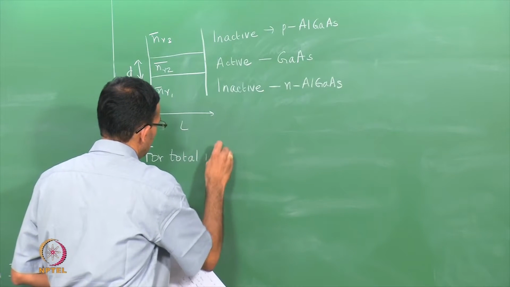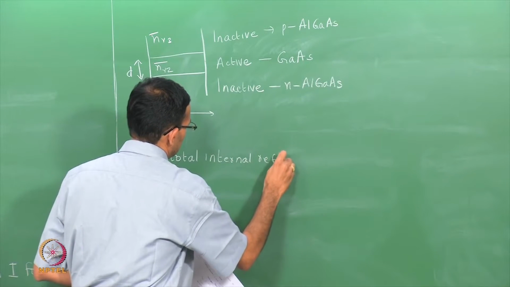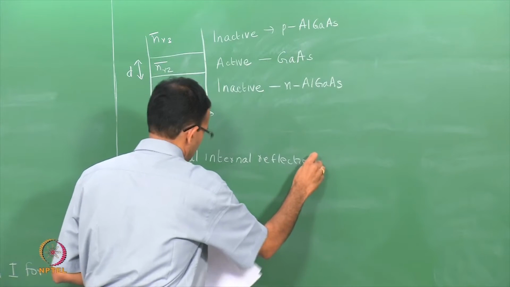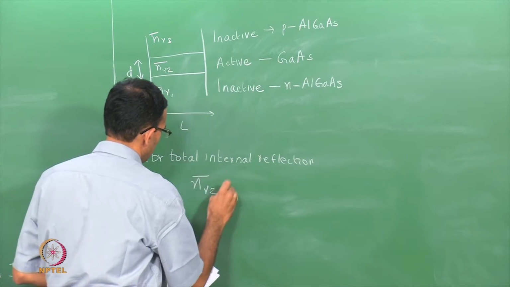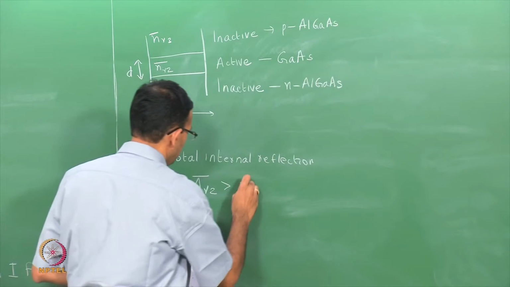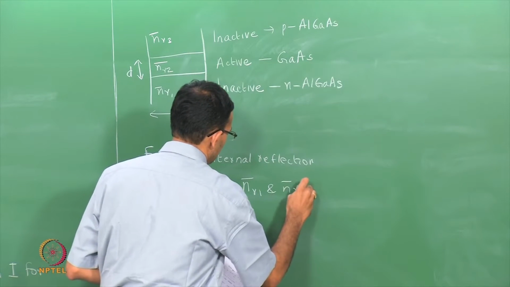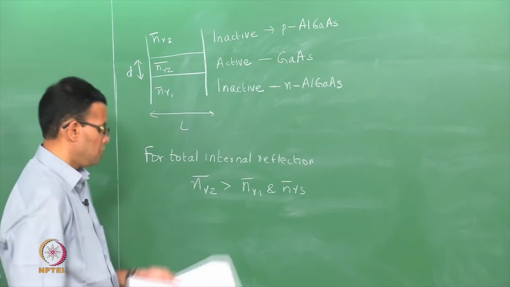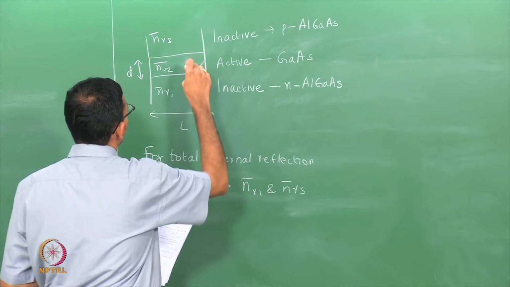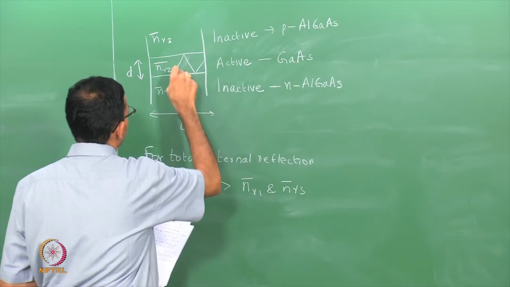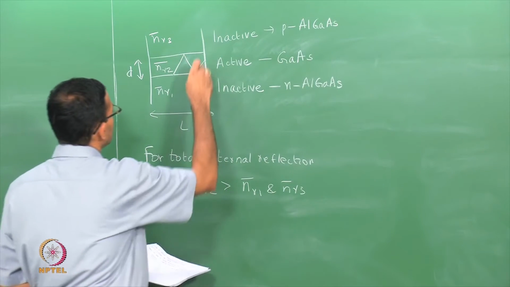For total internal reflection, we want Nr2 to be greater than Nr1 and Nr3. So, when this happens, light can just get reflected within the active layer and will not escape outside.